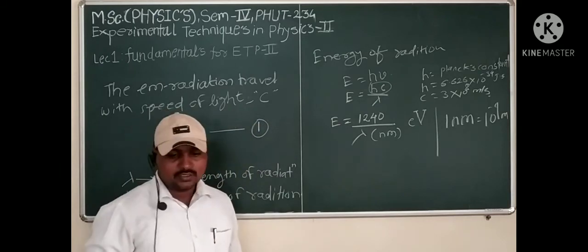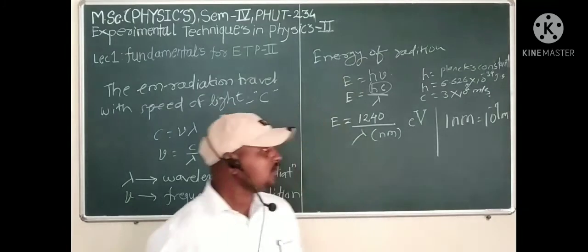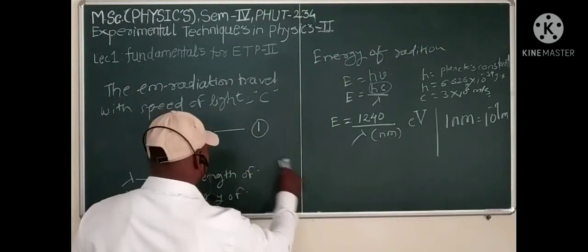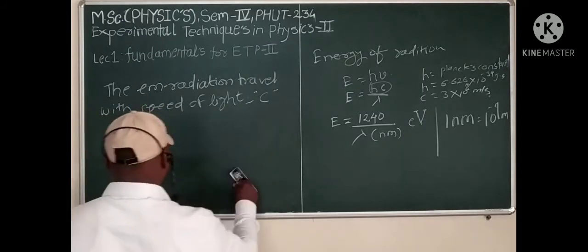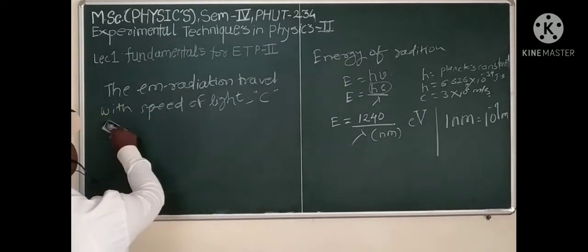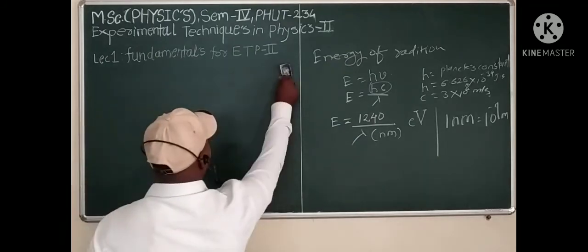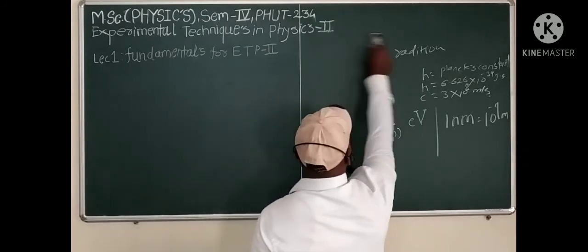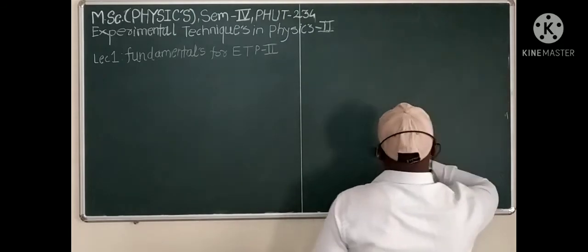This is about the energy of that radiation. Now, for different radiations or different wavelengths, we have different energies. And with these different energies, we observe the energy spectrum, which is called the electromagnetic spectrum.